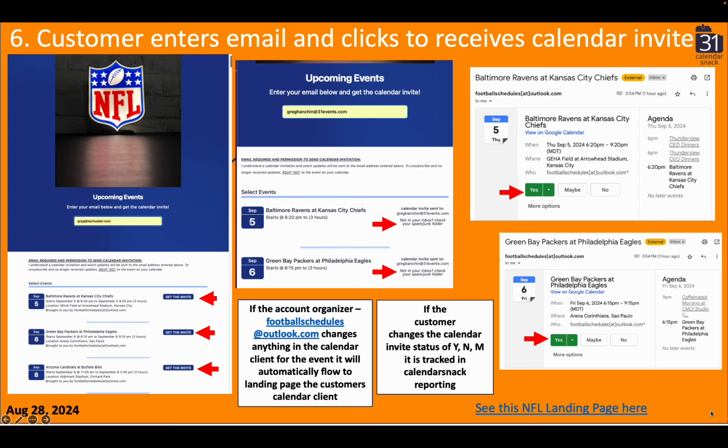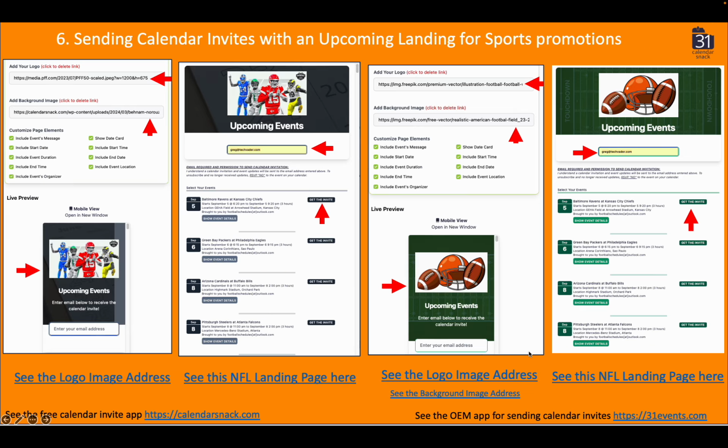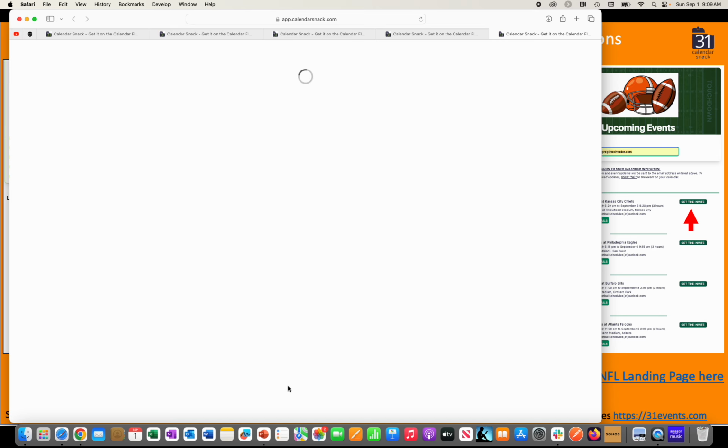So then we track all this data on the back end through a calendar reporting engine. Again, metaphorically, that is the Calendar Snack Vue.js app that comes with our overall calendar server package on AWS. Quickly here, you'll see these landing pages are independent. If I click here, I'll get this one here.